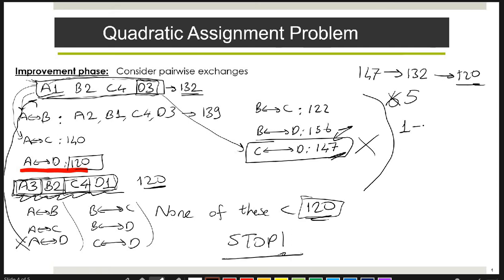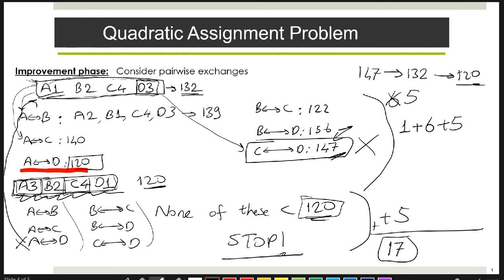So we started with 1, tried 6 alternatives, then 5, and at this stage we additionally tried 5 alternatives and then stopped. So in total we tried 17 possible replacement options to find this solution.